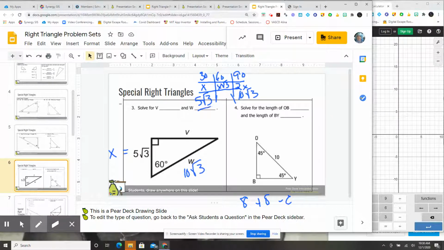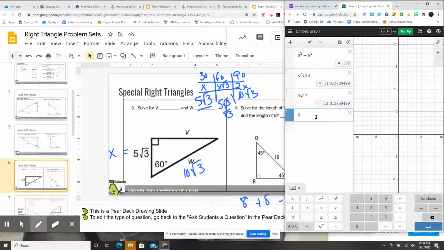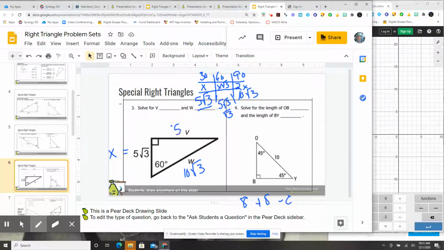And then here we just put in our x, 5 square root of 3, and add another square root of 3 onto it. If you're not sure what that is, just put it in the calculator. 5 square root of 3, and then another square root of 3, and that's going to be 15. The square root of 3 times the square root of 3 cancels out, and you're left with 3. So 5 times 3 is 15, which means this v is going to be 15.